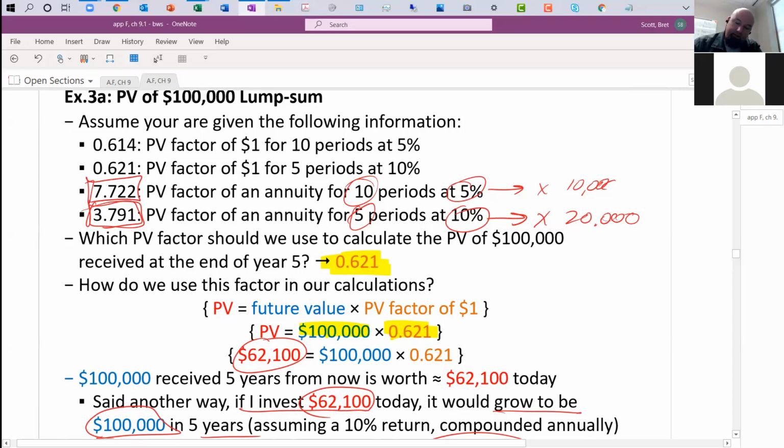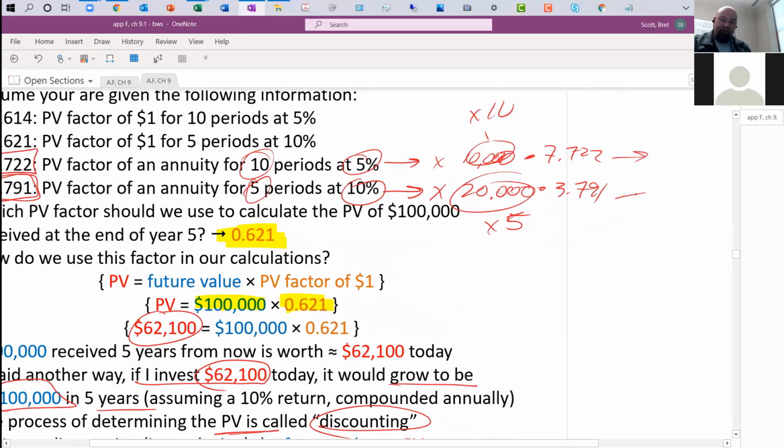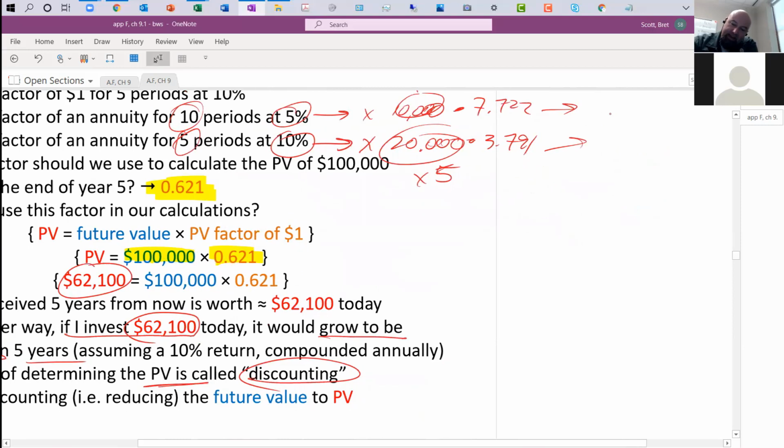So take the 10,000 times 7.722, or take 20,000 multiplied by 3.791. The 20,000 is paid out 5 times, the 10,000 is paid out 10 times. It's just more frequent. So when we did the present value calculations, these were almost identical. I think the 10,000 present value was like 77K, and the 20,000 was like 76K.